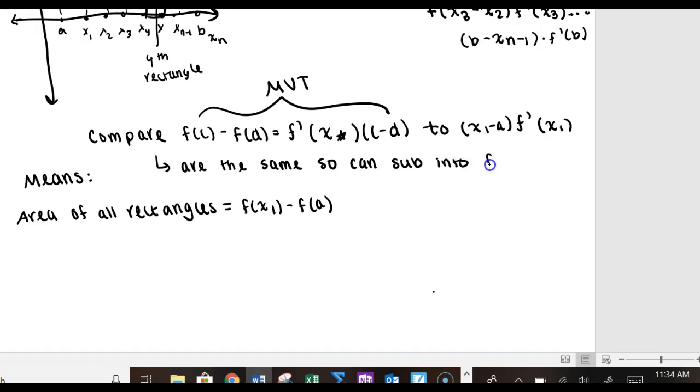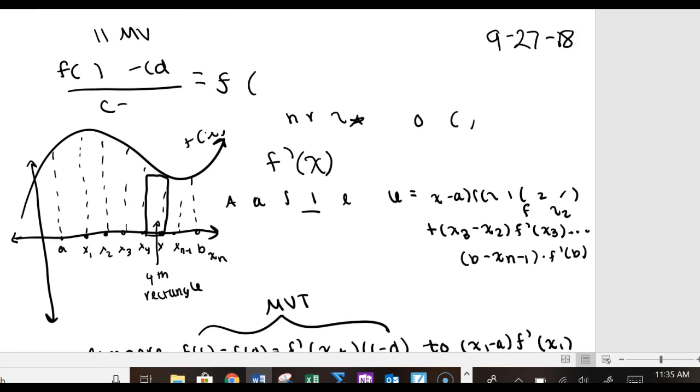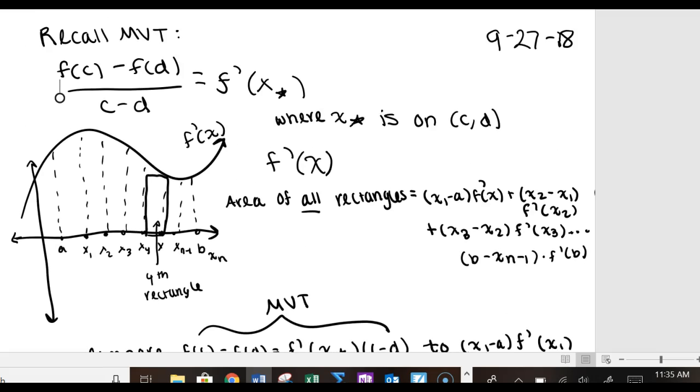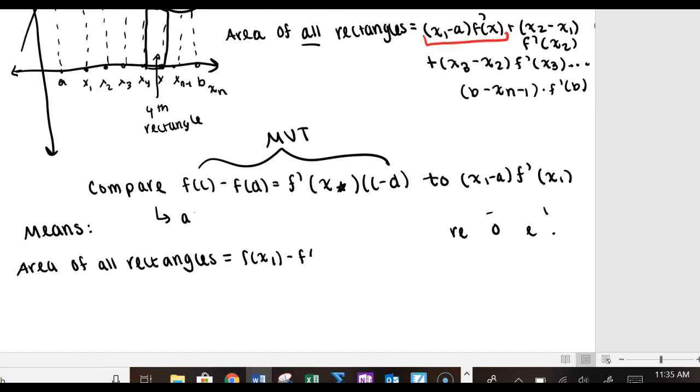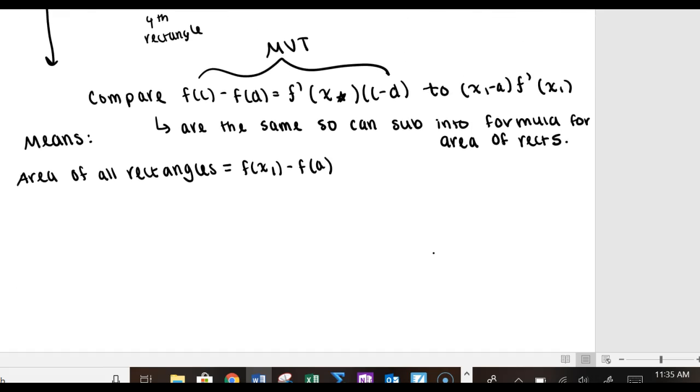Here, your argument is that x1 is always at the end of the interval. Correct? Okay. So for the rectangle's height, we've just done the right endpoint. But that endpoint could be the left endpoint, it could be the middle, it could be anywhere.